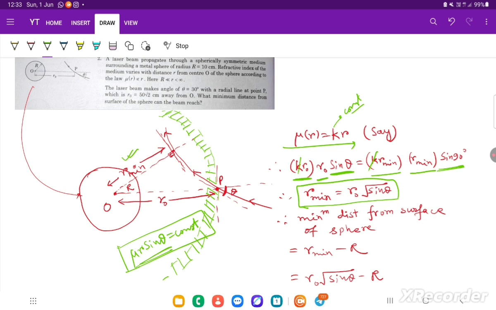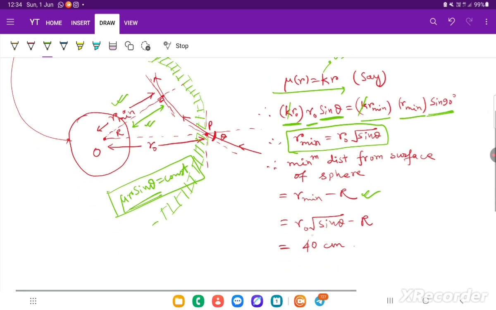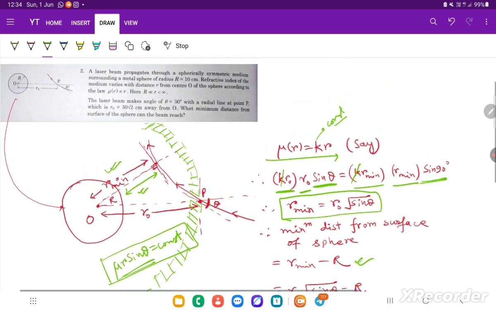So from this we will just subtract the capital R, because this one is our required answer, and we have found R minimum from center O. So it is nothing but r naught sine theta minus R.